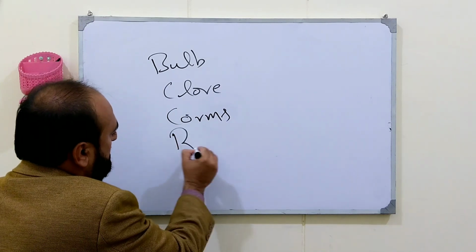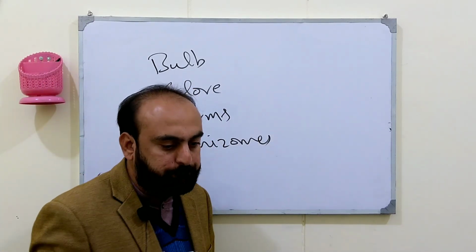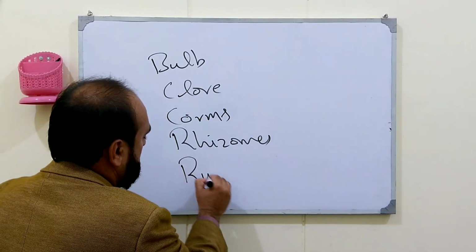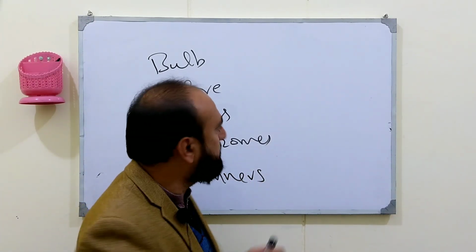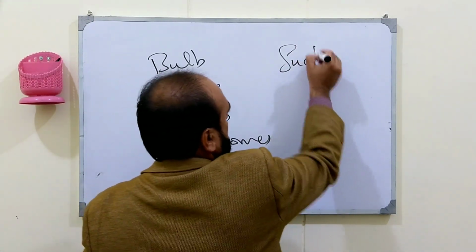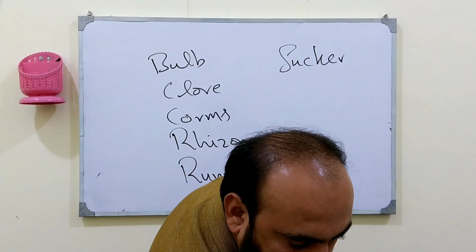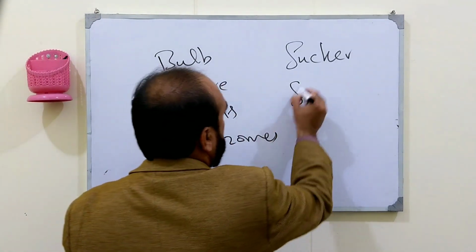We have rhizomes, for example in bamboo or ginger. We have runners, for example in strawberry, suckers in banana or pineapple, and we have stolons and tubers.